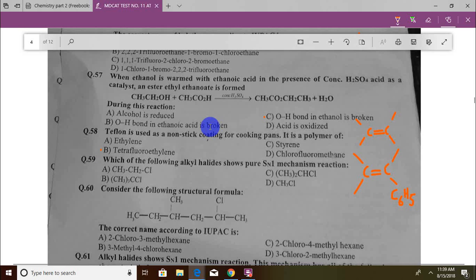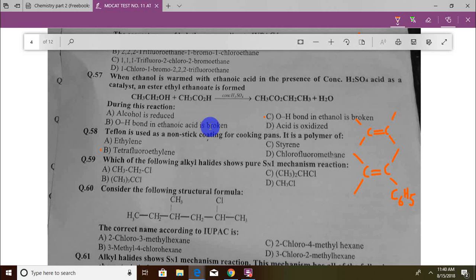So which of the following alkyl halides shows pure Sn1 mechanism reaction? Now what is the Sn1? You know these. Sn1 is the one in which there is only one molecule involved at a time. So it's composed of two separate steps, and the first one is the rate determining step, in which a carbocation is formed, which is attacked by a nucleophile in the other step to form the product.